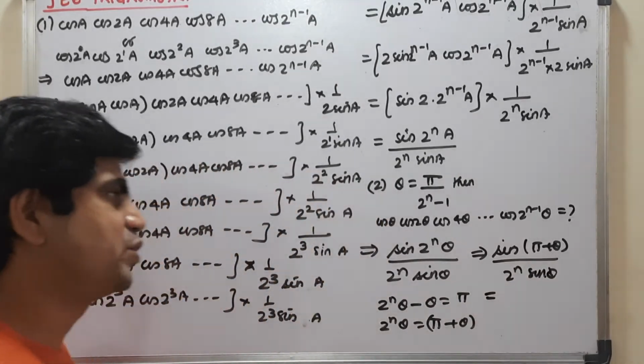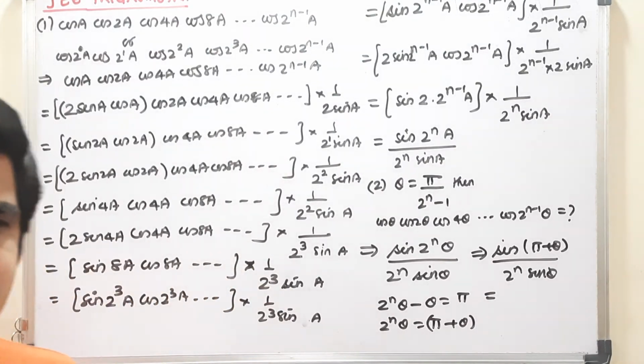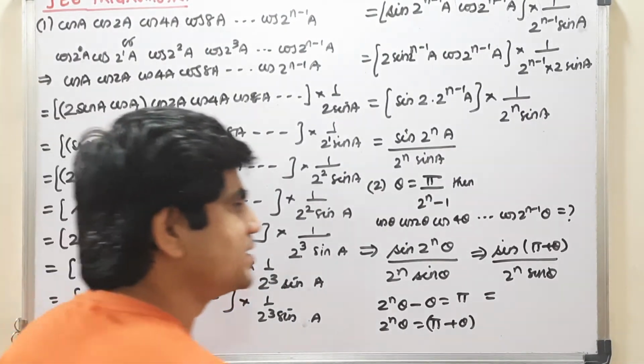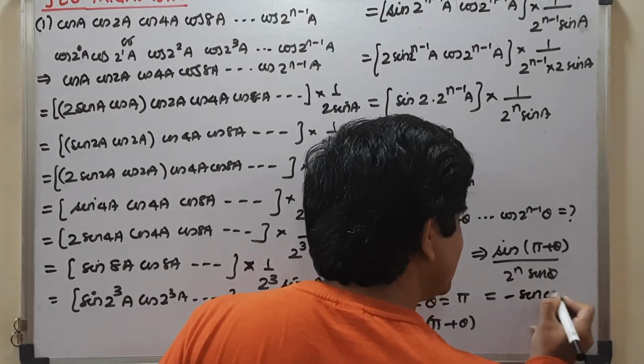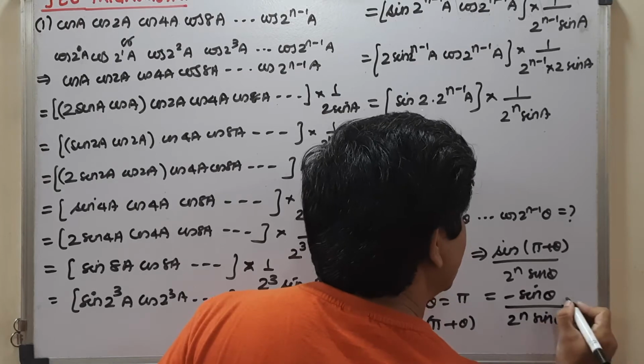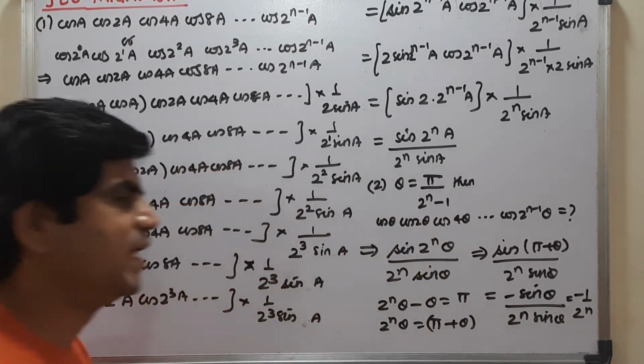So actually sine 180 plus theta comes in quadrant number 3, where sine is going to become negative. So here we'll get minus sine theta, correct, upon 2 raised to n sine theta. The final result becomes minus 1 upon 2 raised to n.